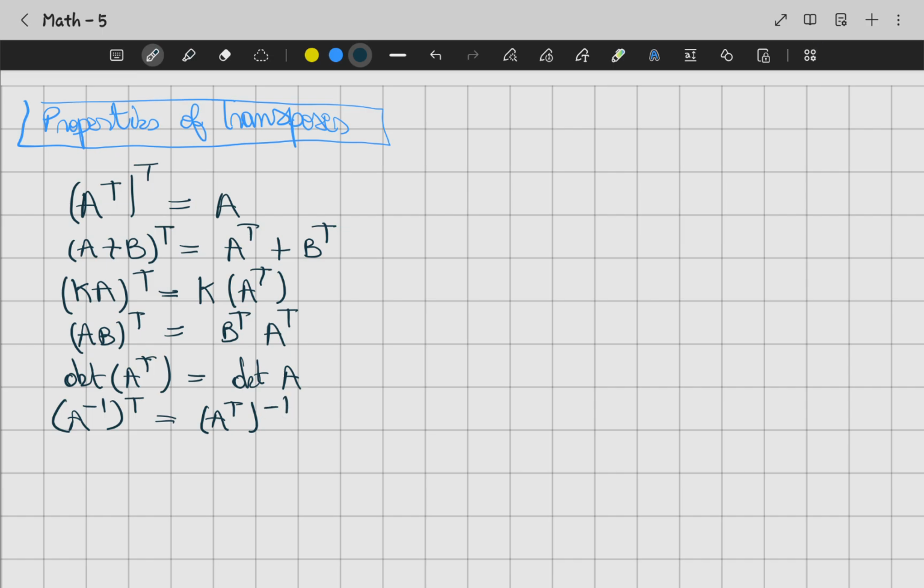Okay, and what you should know is you can either represent a transpose like this or like this. It's just the same, it has the same meaning.